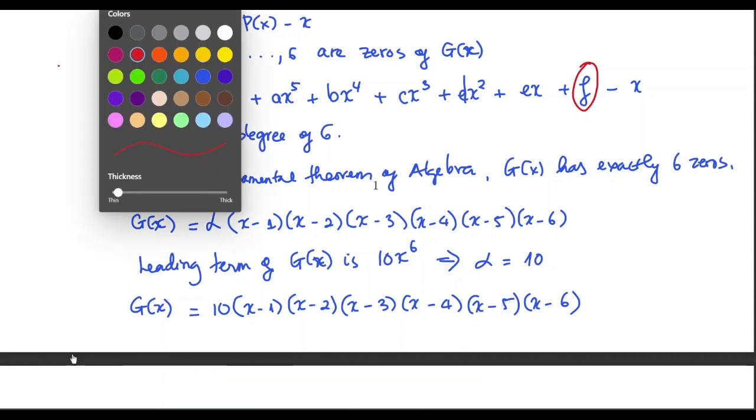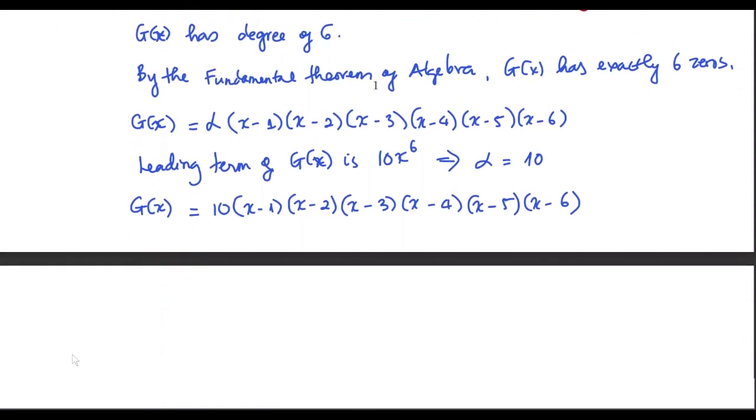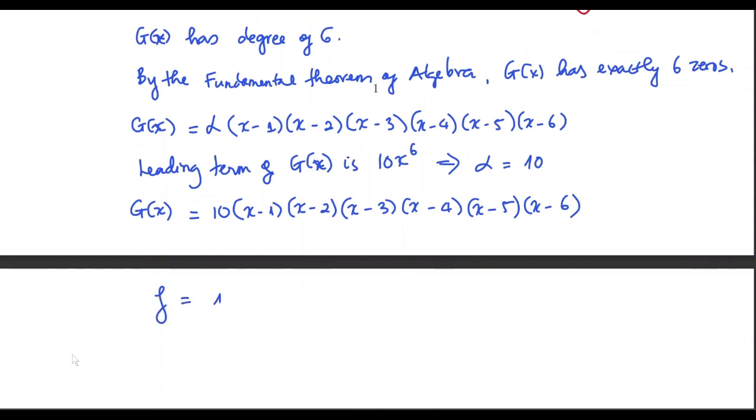So f is equal to 10 times negative 1, negative 2, negative 3, negative 4, negative 5, and negative 6. This will be 630 times 4 is 2,520, times... 720, so it's going to be 7,200. So that is f.